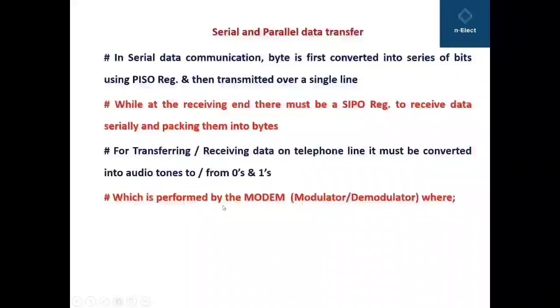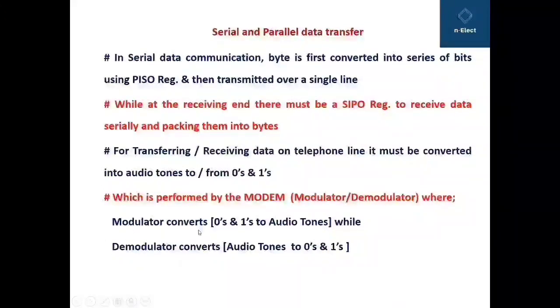These activities are performed by a modem, and modem is a modulator-demodulator, where the modulator converts zeros and ones to audio tones while the demodulator converts audio tones to zeros and ones.